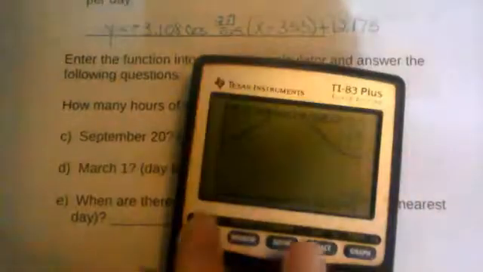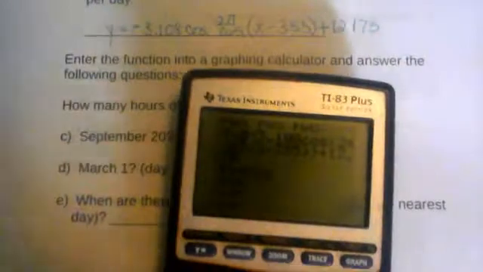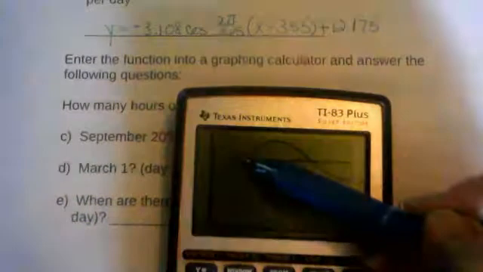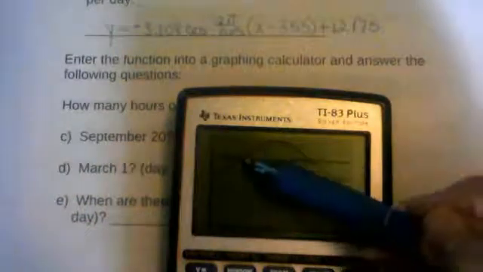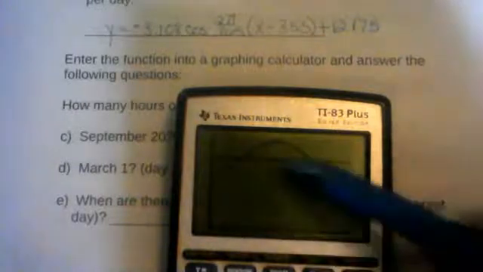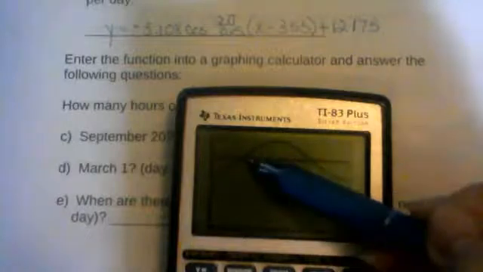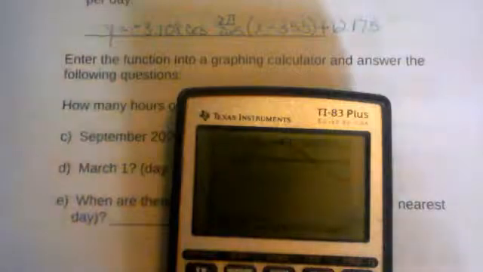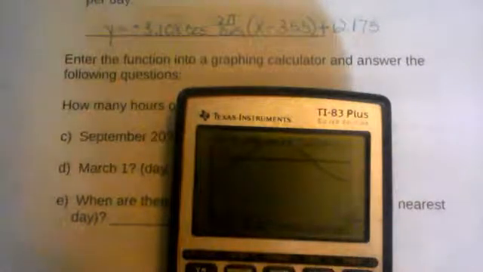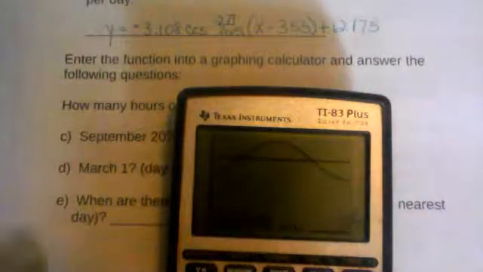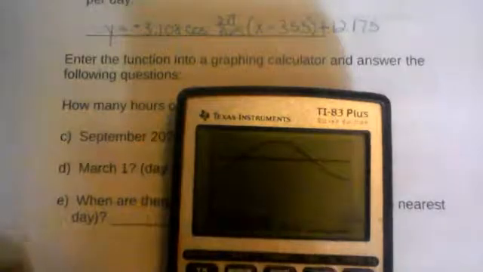So we're going to go into our Y equals, and then Y2 put in 12, and we get this line going across here. Any of the days that fall in between here and here have more than 12 hours, right? These are less than 12. These are more than 12. So we're going to find these two intersections, and that will be our solution. So second, calculate the intersection. All right, so that one is at 77.977, so about day 78.